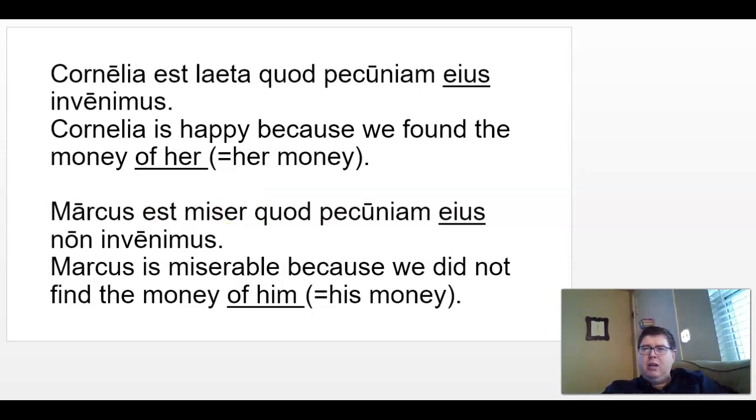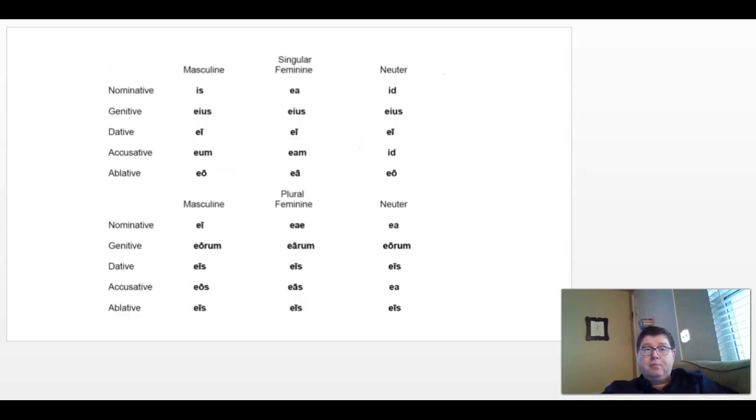But now you might be saying, hey, Mr. Anderson, does that mean that there's no distinction in Latin between his, her, and its? Well, pretty much, yeah. So let's take a look at the chart of is, ea, id. I just want to make sure that you're aware that in the genitive singular, we have eius for all three genders.